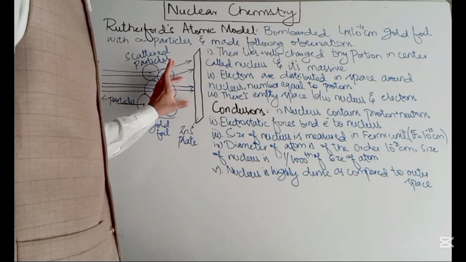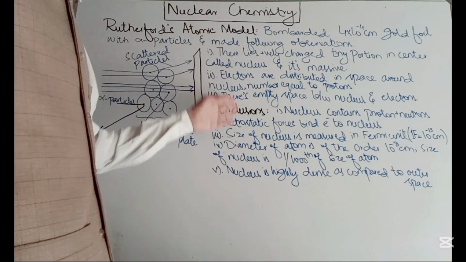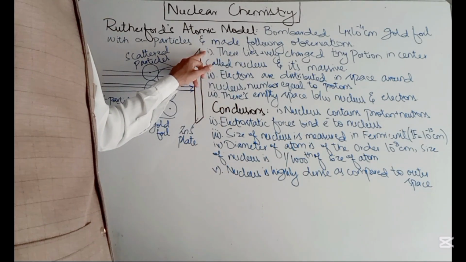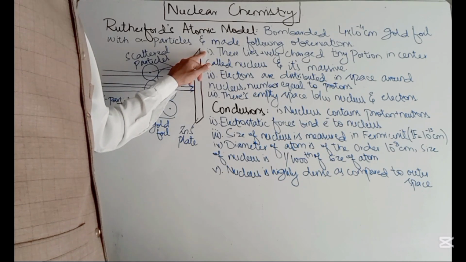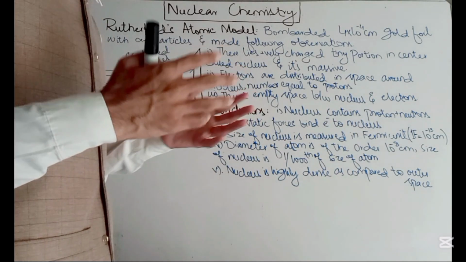And after this experiment, he made some observations, and these are the observations of Rutherford. So first of all, there lies a positively charged tiny portion in the center of the atom called the nucleus, and it's a massive portion.